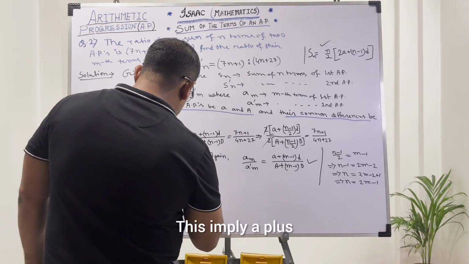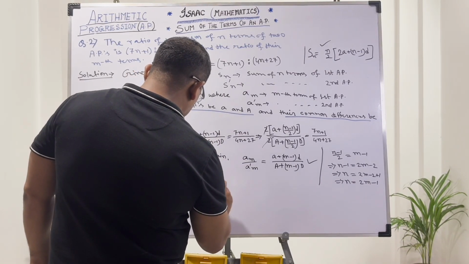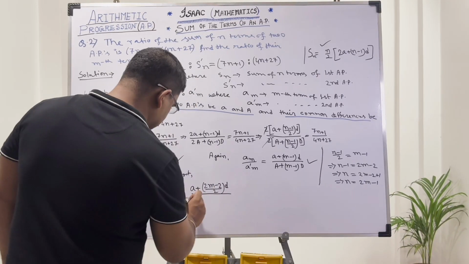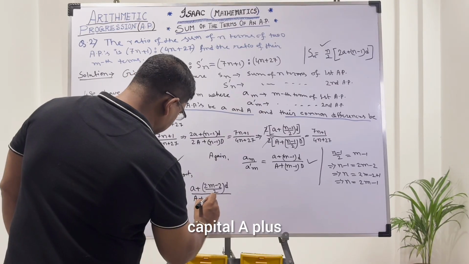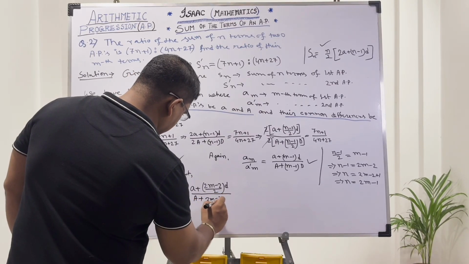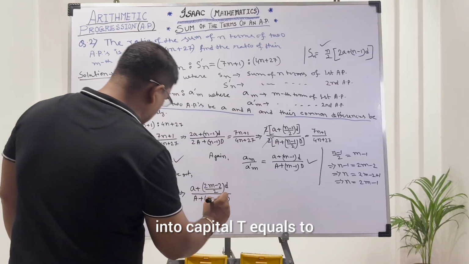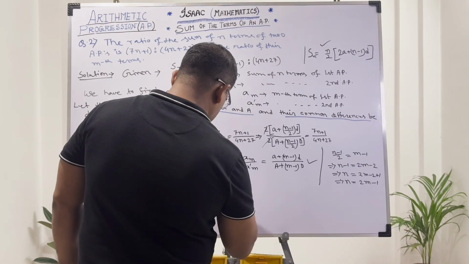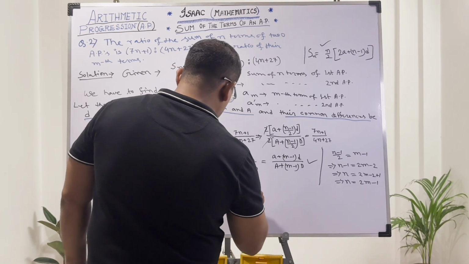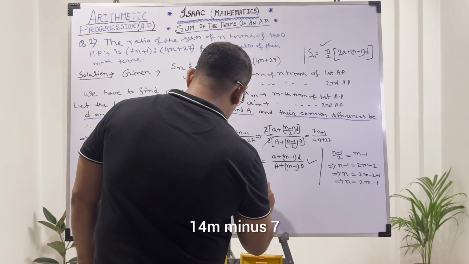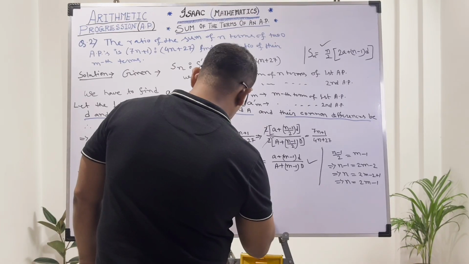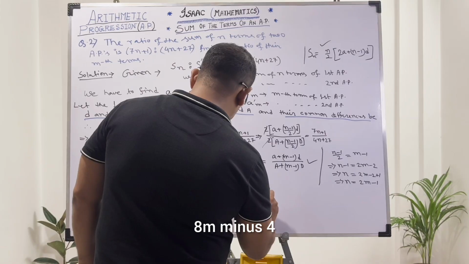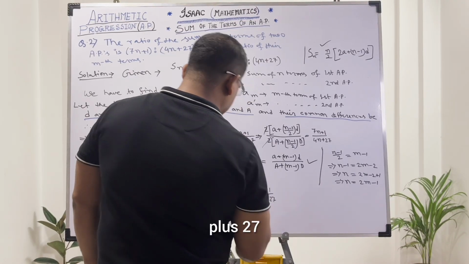This implies a plus 2m minus 2 whole divided by 2 into small d by capital A plus 2m minus 2 whole divided by 2 into capital D equals to 14m minus 7 plus 1, 8m minus 4 plus 27.